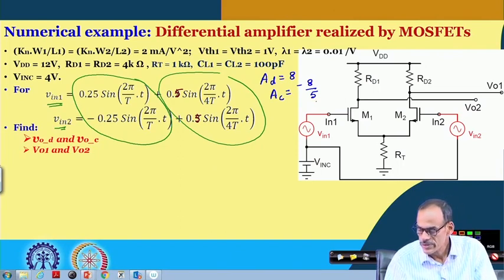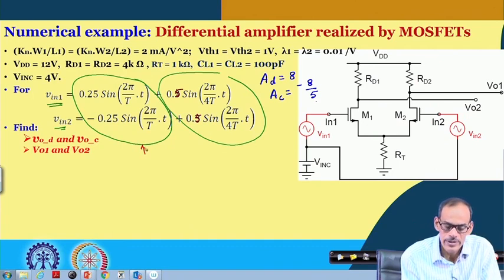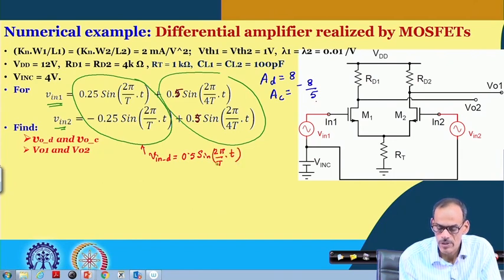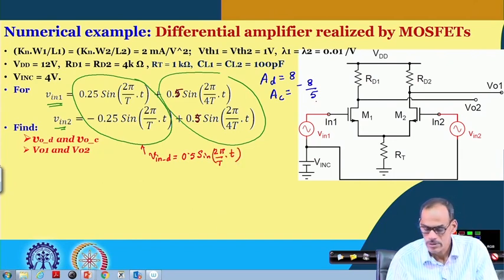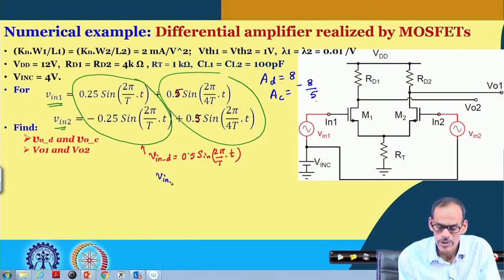So, the differential signal at the input V in D equals 0.5 sin 2 pi by capital T into small t, and on the other hand the common mode V in C equals 0.5 sin 2 pi by 4 T into small t.